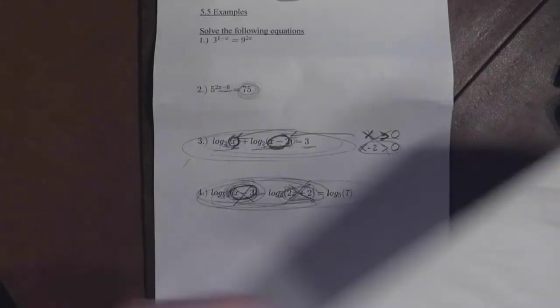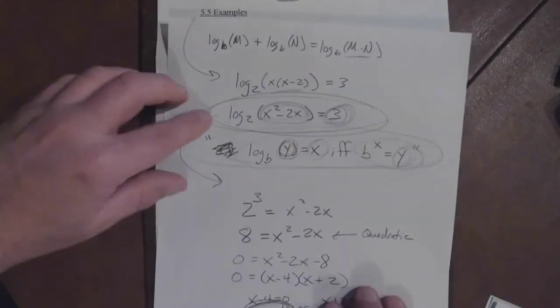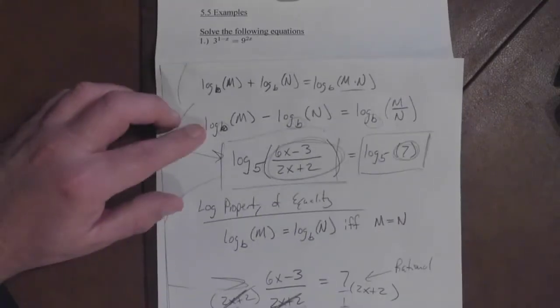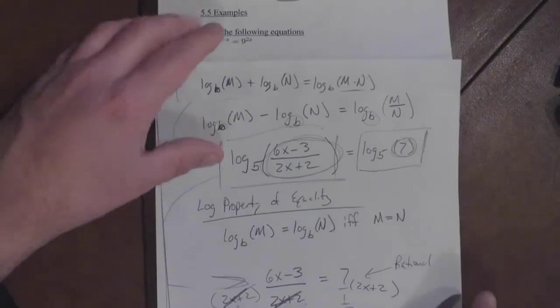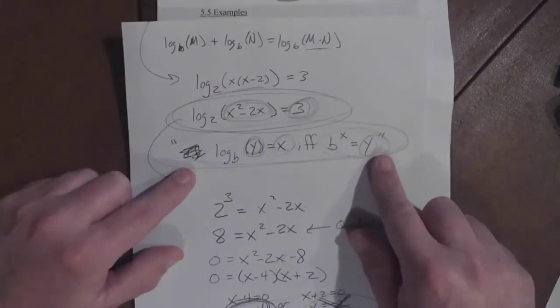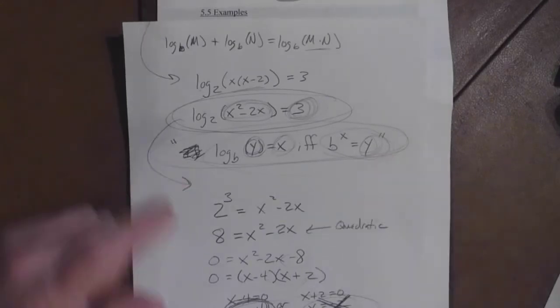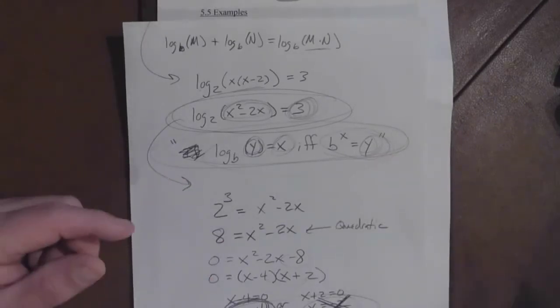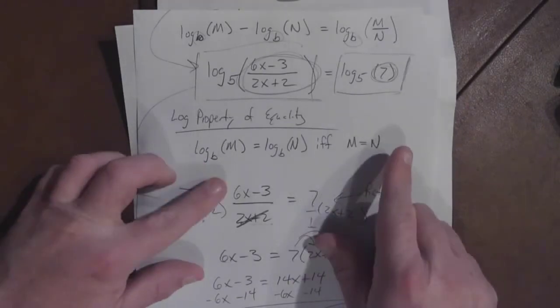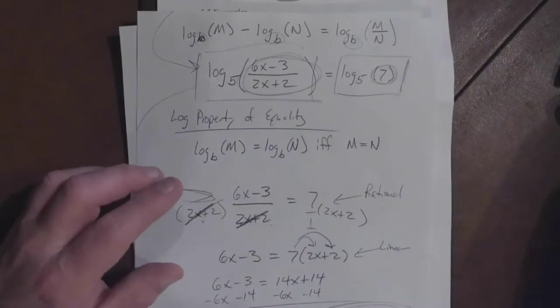We relied on a couple of properties of logs here. For instance, we relied on this sum property in this case, and we relied on our difference property in this case, as well as at times you may have to rely on that fundamental understanding of a logarithm and exponents, how they relate to each other, as well as maybe some properties of equality, for either our exponential or our logarithmic equations.